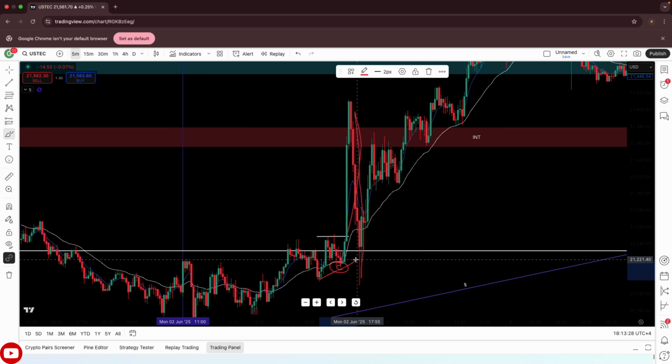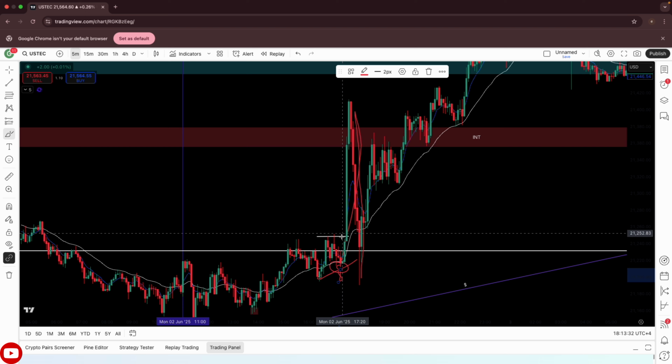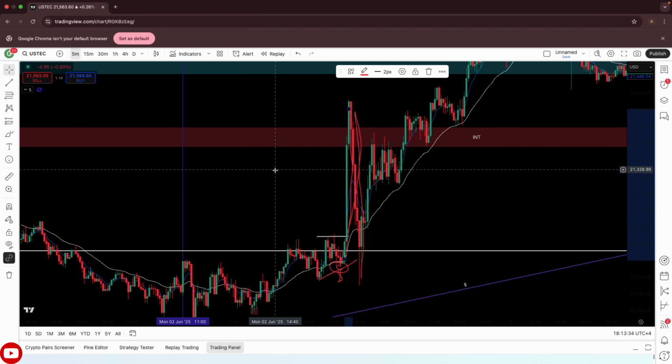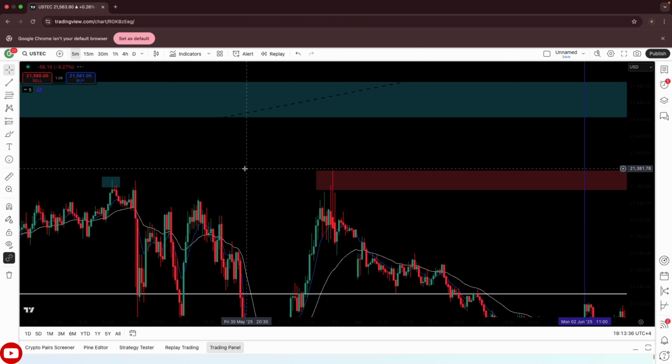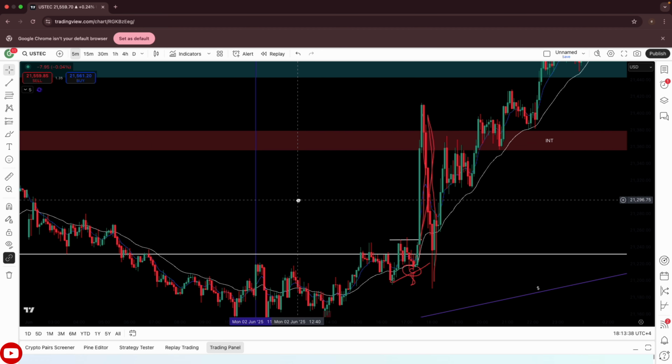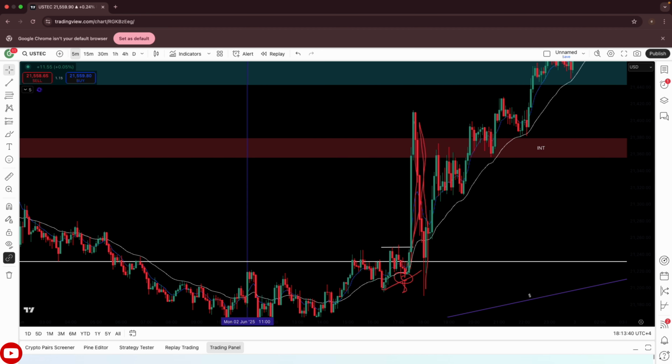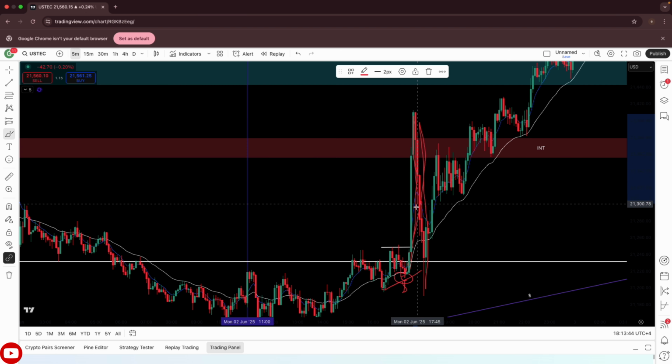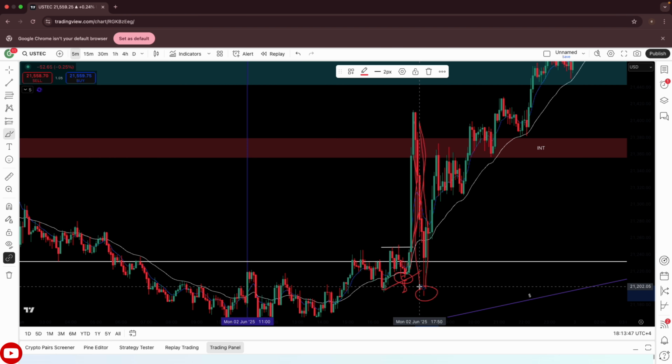It was a small trend line liquidity, went, gave profit, took out the sellers who entered and buyers who entered here. They were in profits. Boom, inducement. This is again an internal support. So this is how market works.